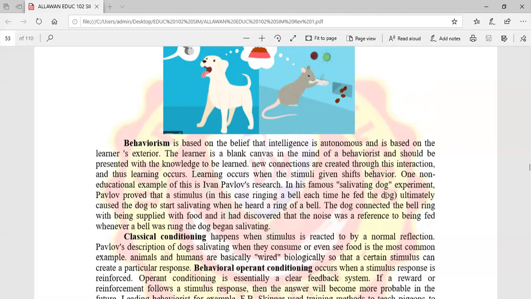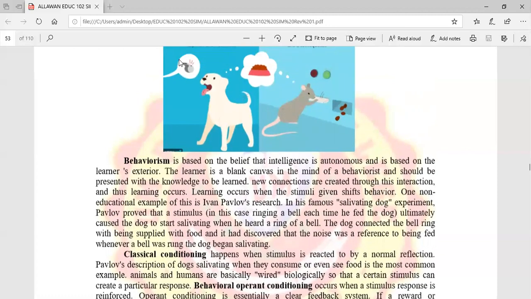In his salivating dog experiment, a dog would be salivating, or release its saliva. Ivan Pavlov proved that this stimulus, in this case the ringing bell or whistle, each time he fed the dog, ultimately caused the dog to start salivating when it heard a ring of a bell. Saliva is not a voluntary response.